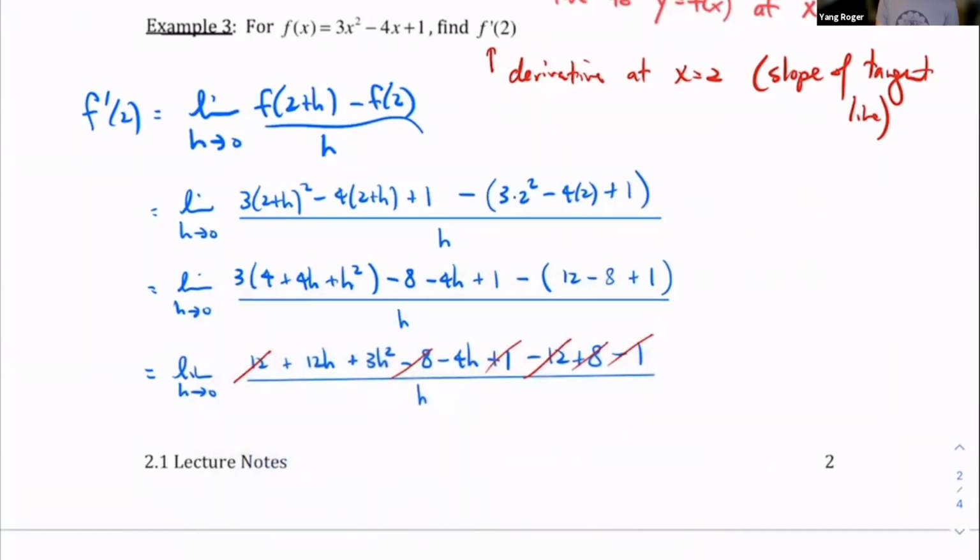what do you notice? You notice in the numerator, every term has an h left. That means we can factor out the h. So this is going to be the limit as h goes to 0. If we pull out an h from the top, you're going to get 12 plus 3h minus 4, all divided by h.